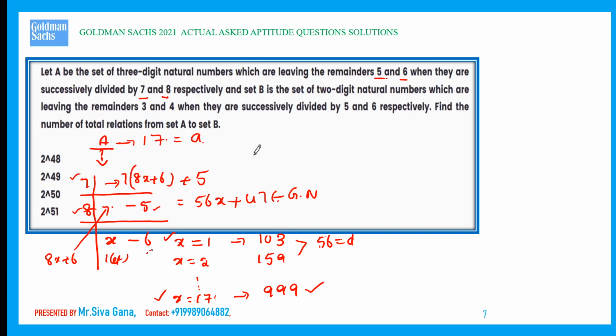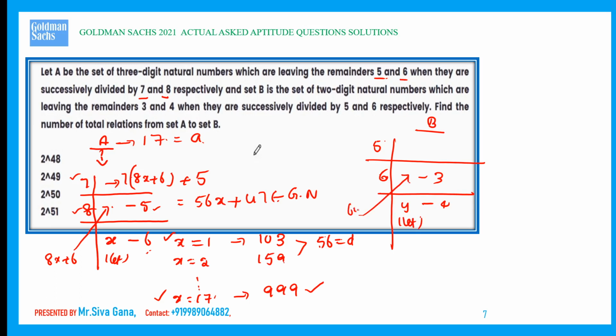Cool. Now set B, this is also successive division. Set B, what kind of number? When divided by 5 the remainder is 3, and when divided by 6 the remainder is 4. Let us take y for calculation of the general number. Here the number is 6y plus 4.